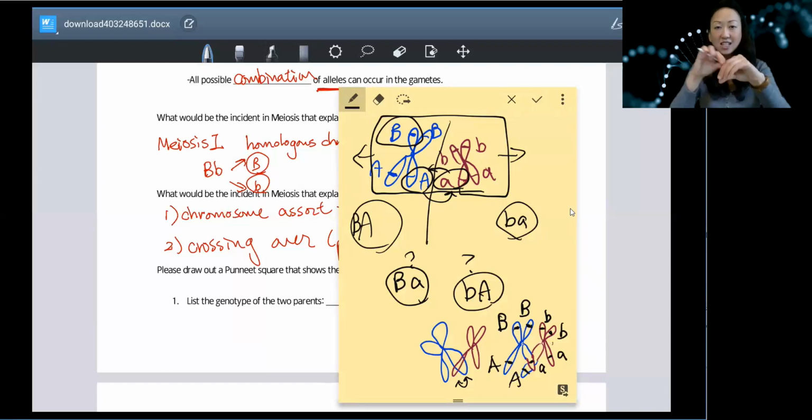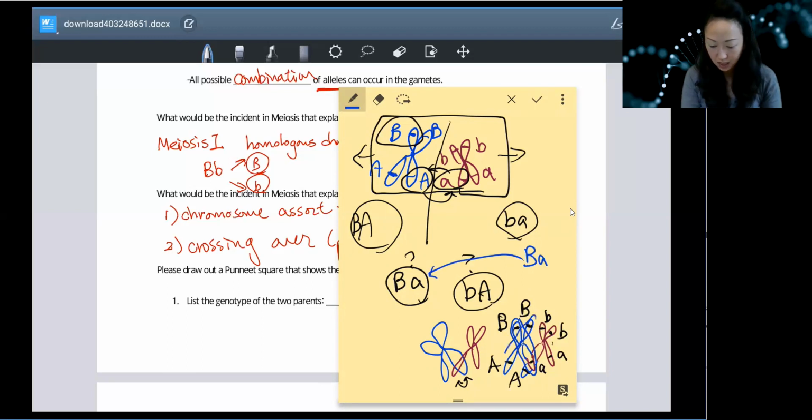So when you have crossing over, then you will get gametes. So let's draw this back out. This particular one will be big B, little a. And that is how you get the big B with little a. This one will be big B with big A. So I get that one, I get this one.